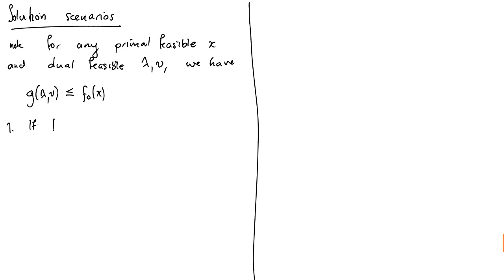Okay, so we've got 4 different scenarios that can come up here, and let's have a look at them one by one. So the first one, if the primal is unbounded, okay, we know that sometimes we get optimization problems where the problem is actually unbounded. That means we can make f naught of x arbitrarily small or arbitrarily negative.